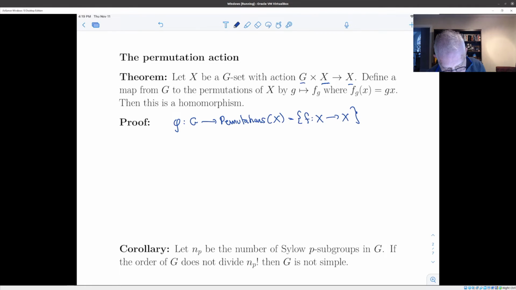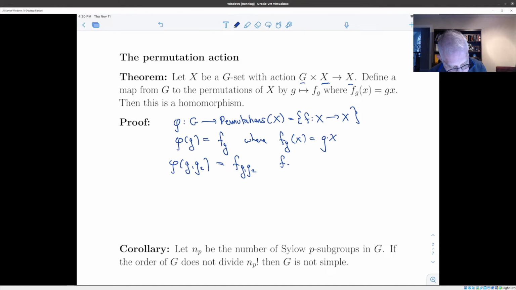And the map phi of g is supposed to be a map. And what is the map? It's the one which you get by applying g to x. And if you compute phi of g1 g2, well, on the one hand, that's f of g1 g2, which is the function which takes x to g1 g2 x.